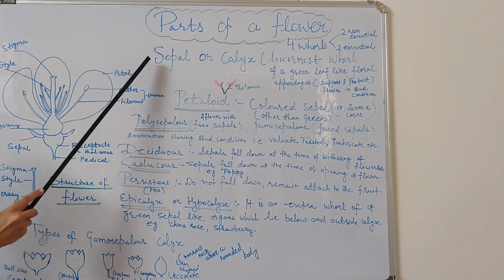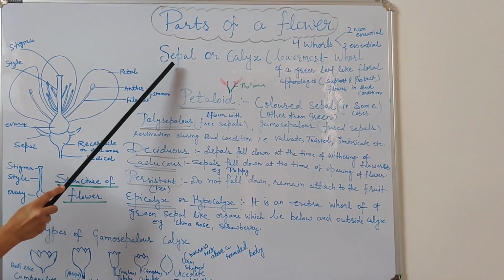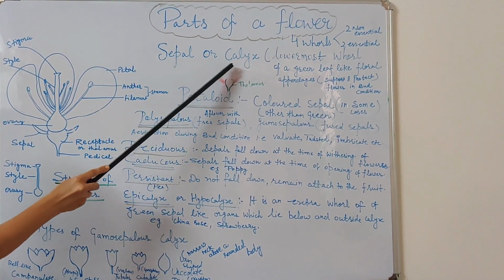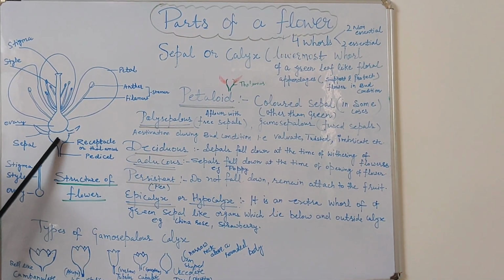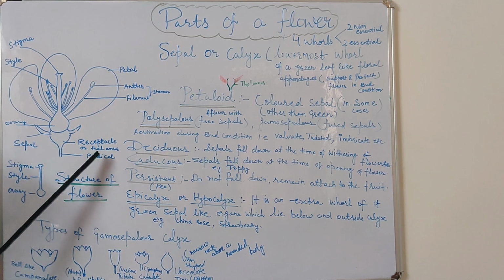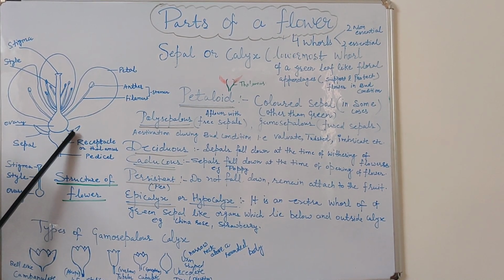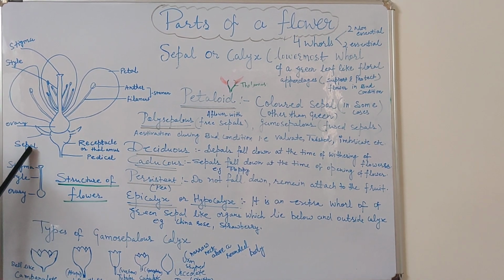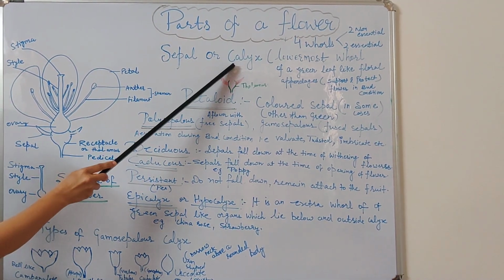So the first whorl, or lowermost whorl of a flower, is sepal or calyx. Sepal is attached to the basal part, that is thalamus or receptacle. Individually it is called sepal, but collectively sepals are called calyx.